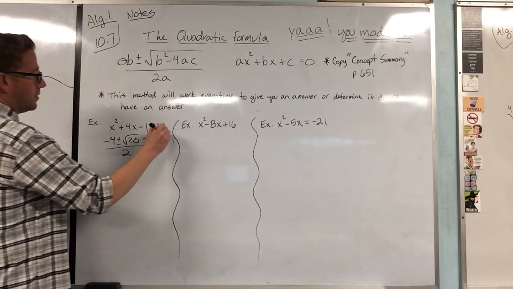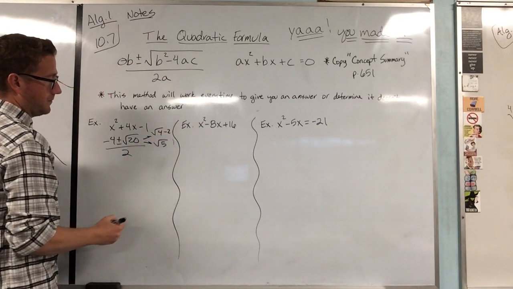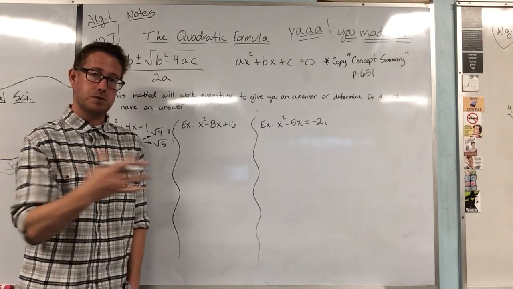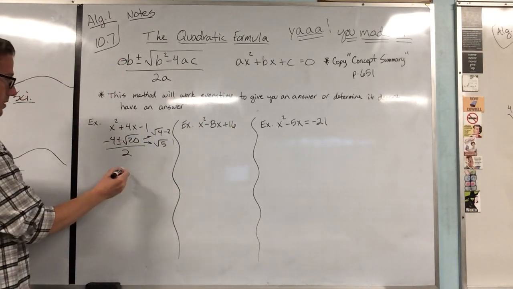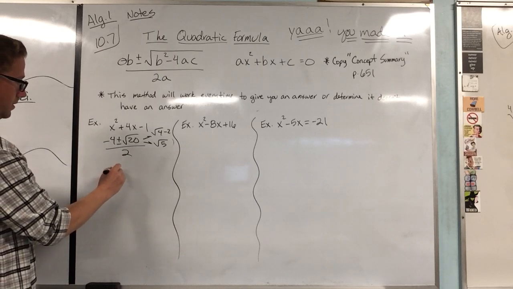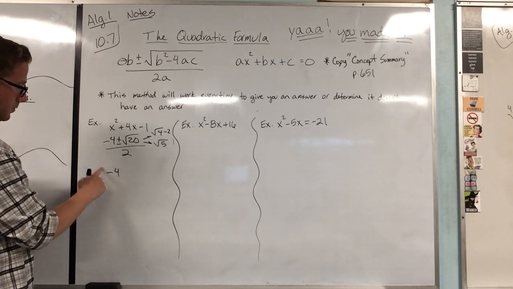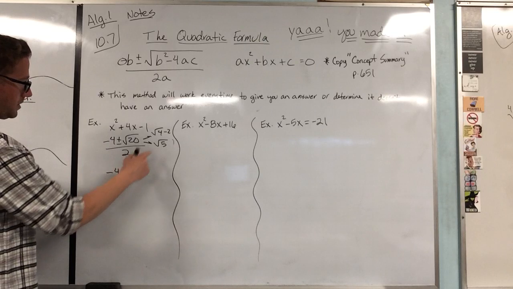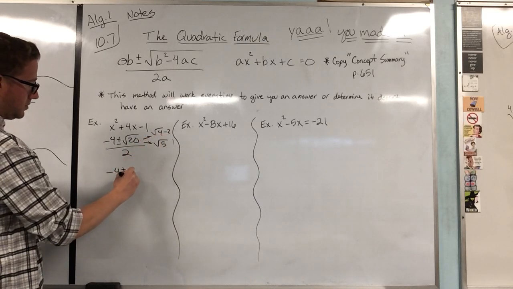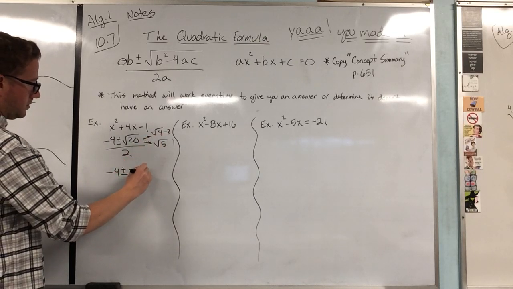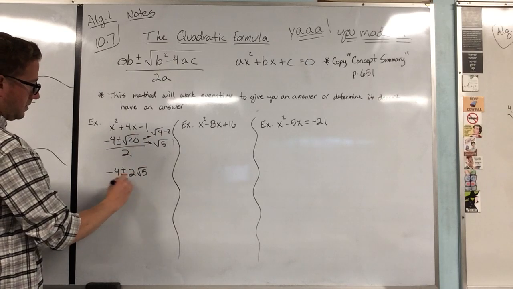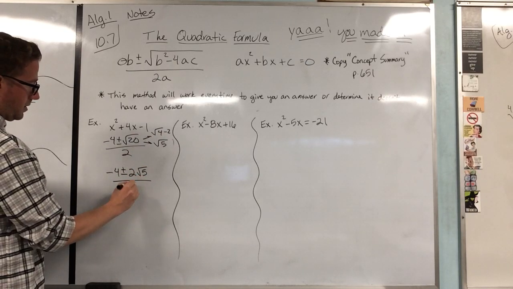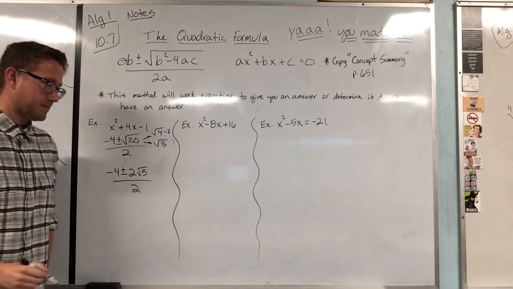Now, the square root of 4 is 2. The square root of 5, that's a prime number, so we're going to leave that. So this is what I'm really looking at now. A negative 4, that came from here, work down, plus or minus. Now I have a 2 square root 5, all divided by 2.